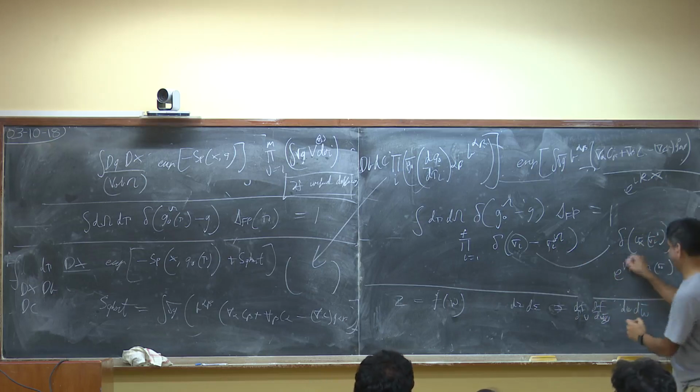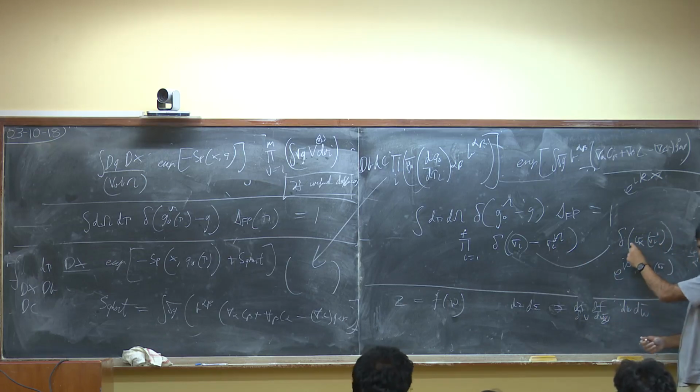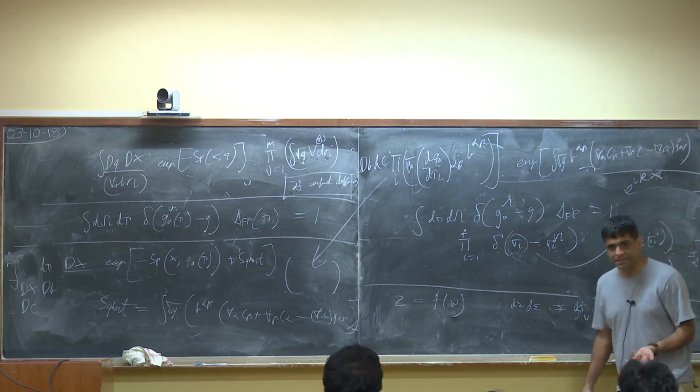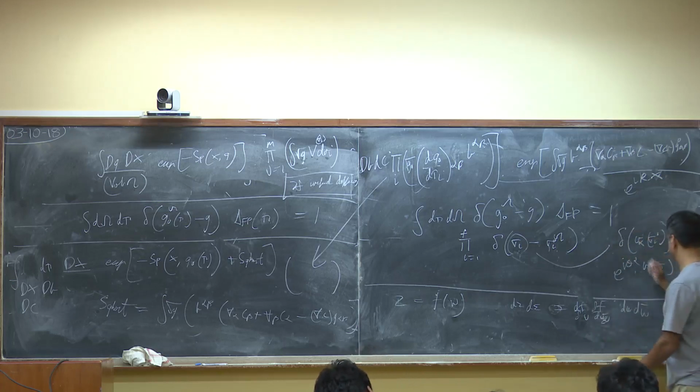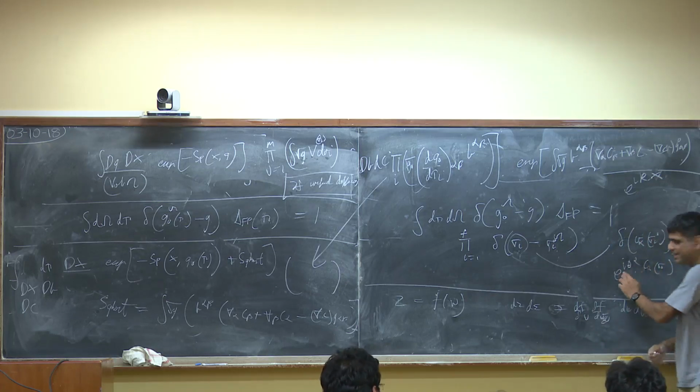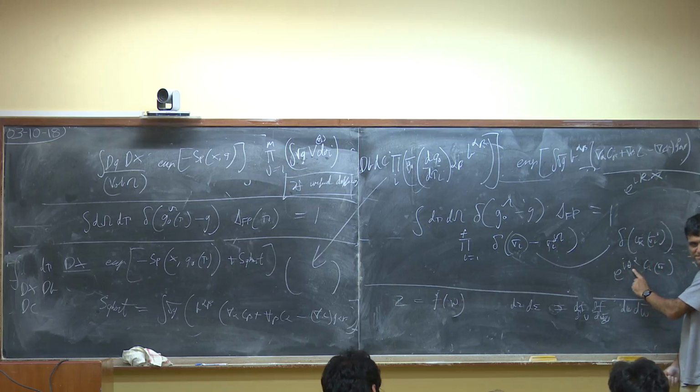Then I take this delta function and exponentiate, and then I use my rule: I change every bosonic integral to a fermionic integral. So this becomes C alpha, the same thing, but fermionic. And then I do the integral over theta alpha.